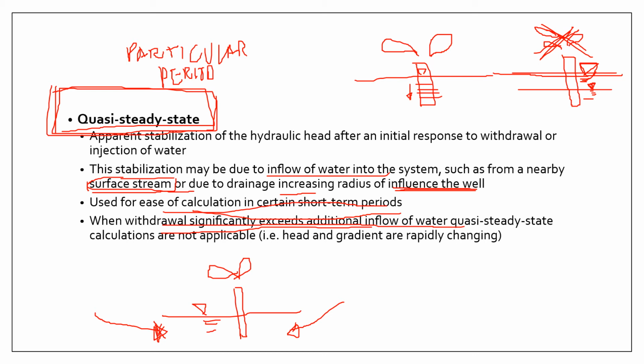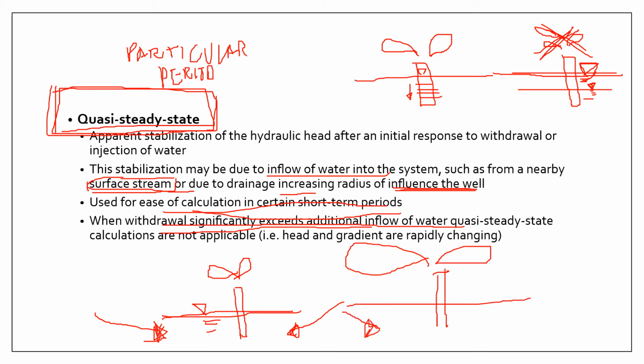So the nearby areas are trying to stabilize or hold this water table level. But in the case of you withdrawing a lot of water, the recharge from nearby areas might not be enough to actually stabilize or cope with this withdrawal. So you will end up with a water table that is decreasing and decreasing over time.